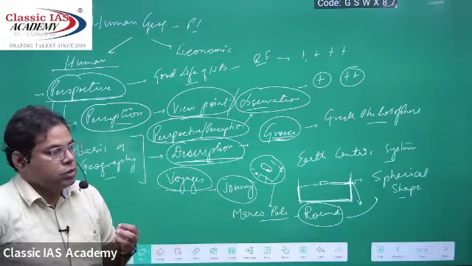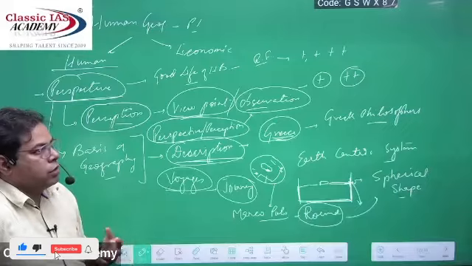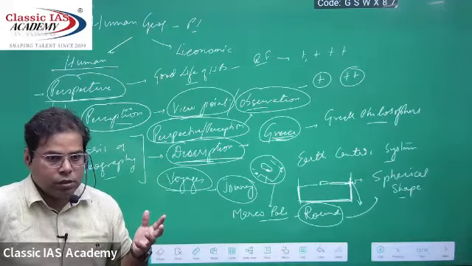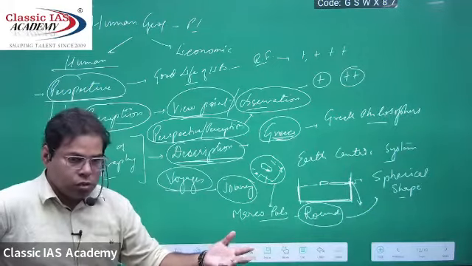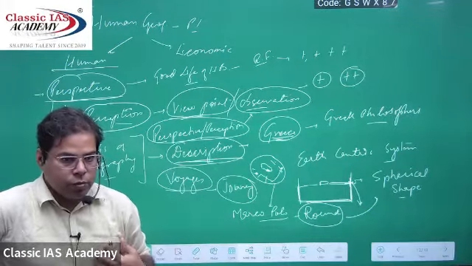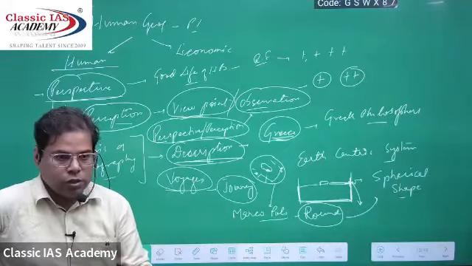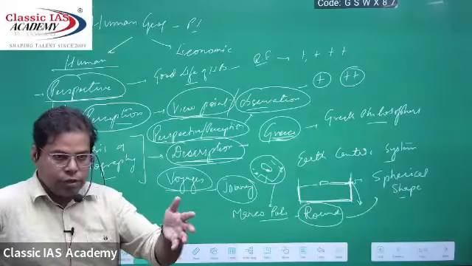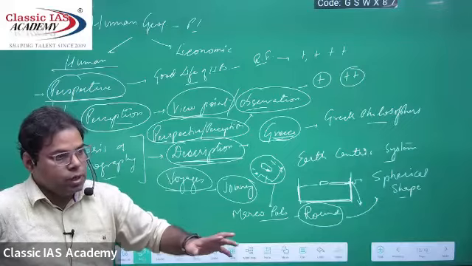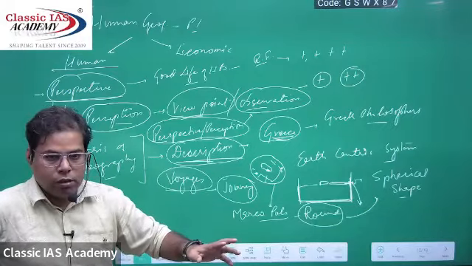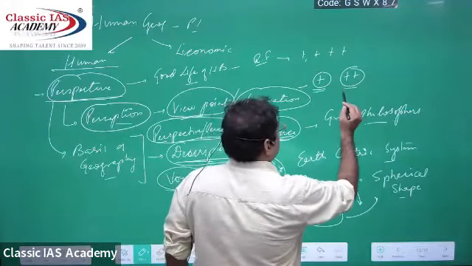For example, if I say in this society the reservation policy is good, that is my perception. Somebody says no, the reservation policy is not good. Are they both wrong? You are correct on your ground, I am correct on my ground. I am giving some logical reasons for that, and you are giving some logical reasons for that. Your perception is different, so you will describe it in that manner. My perception is different, so I will describe it in my manner. On the basis of observation, your idea will be different and my idea will be different.